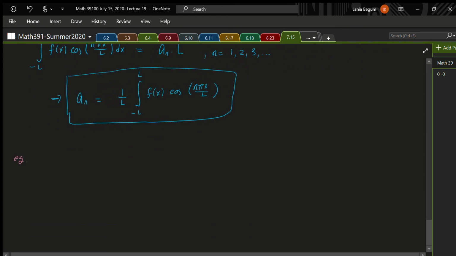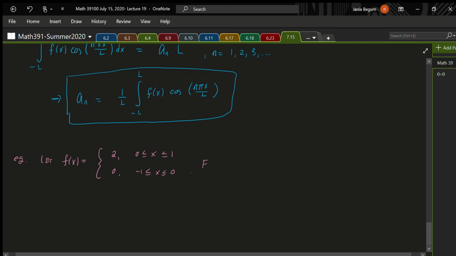So let's do this one. Let f of x be equal to the function 2 on the interval 0 to 1, and then it's going to be 0 on the interval -1 to 0.